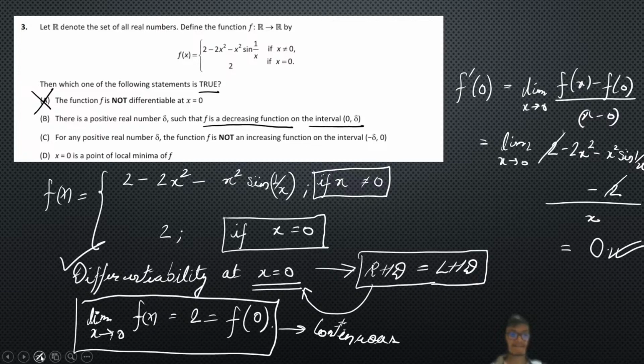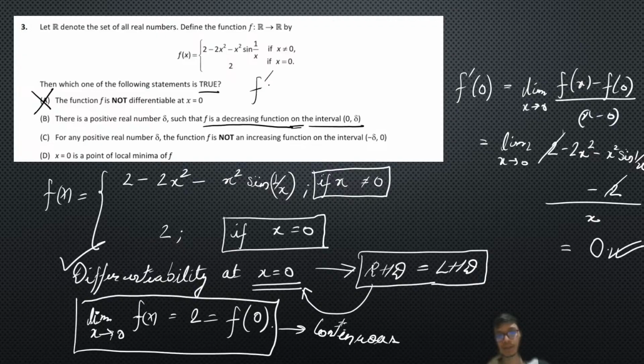So f is a decreasing function on the interval 0 to delta. There is a positive real number delta and it is a decreasing function. Let's check that.